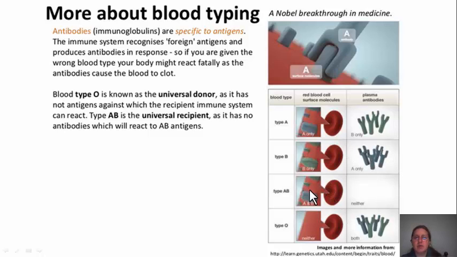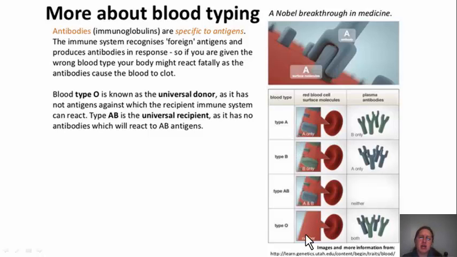If you have both antigens on your blood cell, then you're not going to have any antibodies, which is why AB is a universal recipient. There's no antibodies to react to any of the blood. And if you have type O blood with no antigens, then you have both the A and the B plasma antibodies.